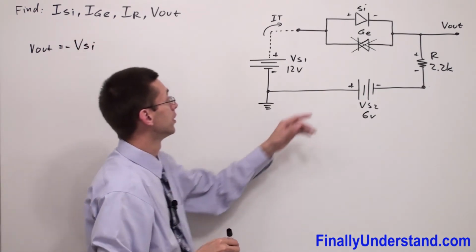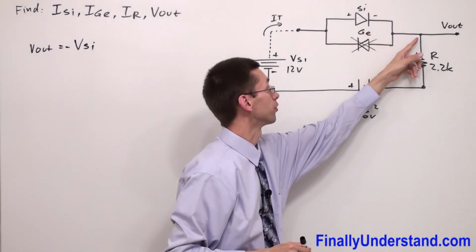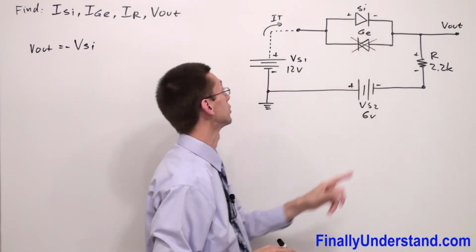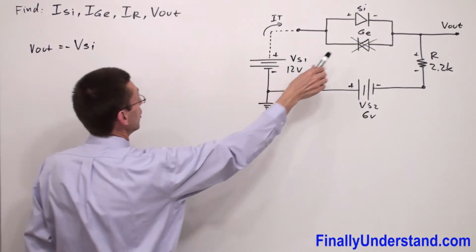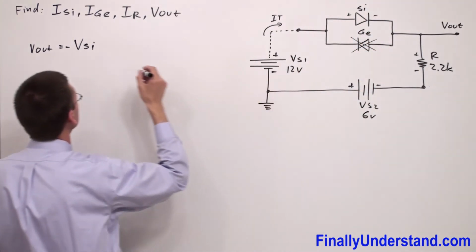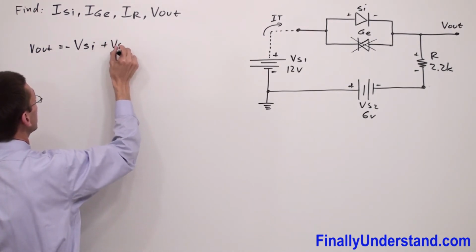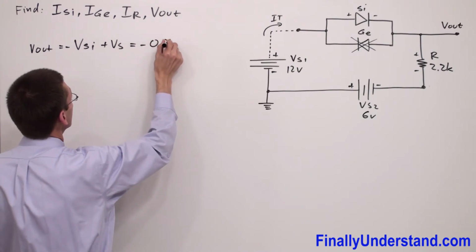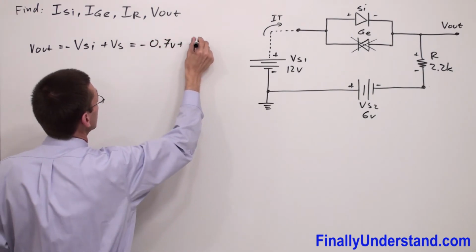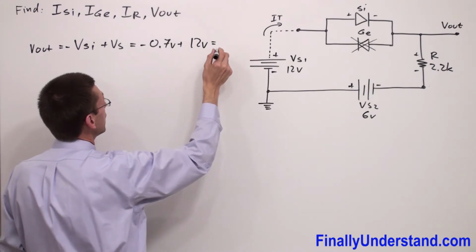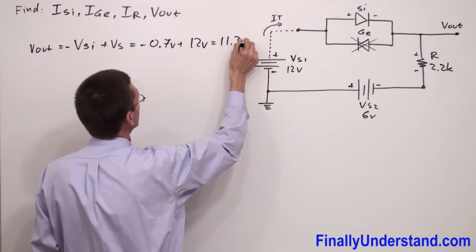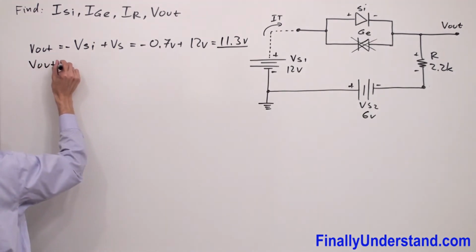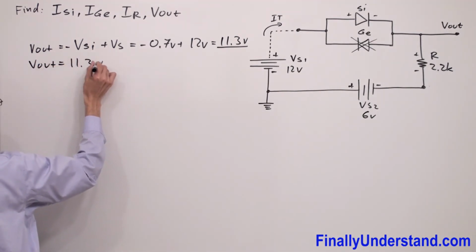Why negative? Because I'm going from V out, so I'm going this way, I see negative voltage across the silicon diode plus the voltage source. Okay, so I have negative 0.7 volts plus 12 volts. This is equal to 11.3 volts. So I can say that V out is equal to 11.3 volts.